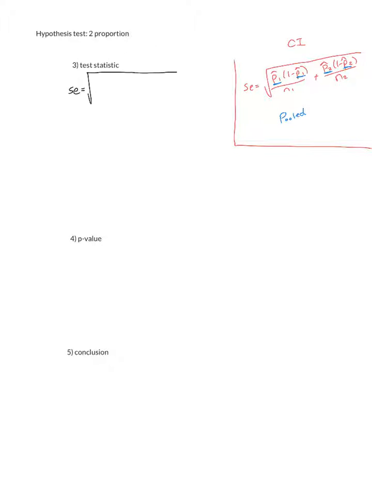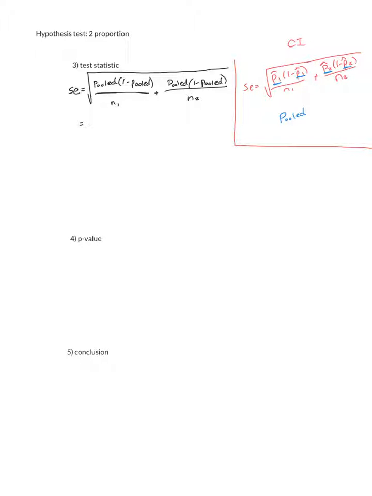After we write it out, we'll go ahead and simplify it to have a nicer form. So replacing the P1 hat with pooled, all over N1, and the same with P2 hat. I notice that both of these fractions have exactly the same numerator. That is the same number on top.